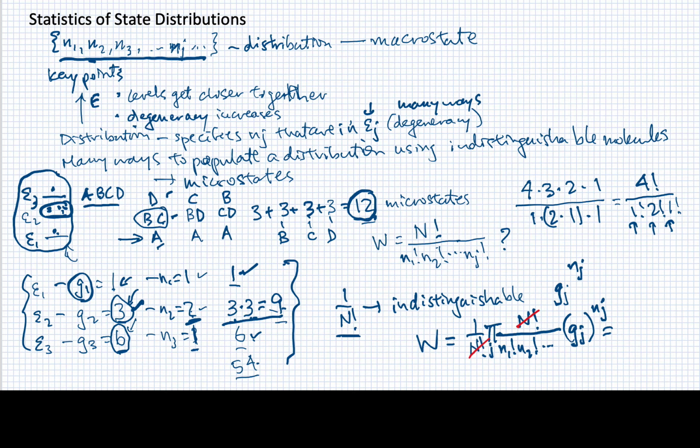So the ultimate final number of microstates is going to be the degeneracy of each state raised to the power of the number of molecules in that state over the number of molecules factorial, and then I've got to take the product over all the possible states in the system. So this is the working formula that we're going to have for calculating the number of microstates that go within a given possible molecular distribution.